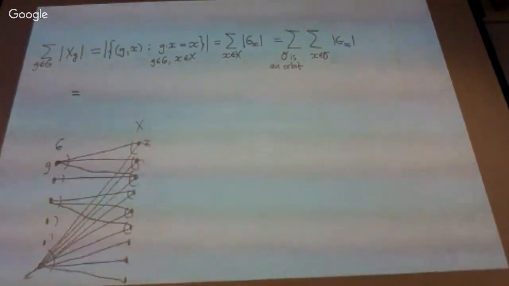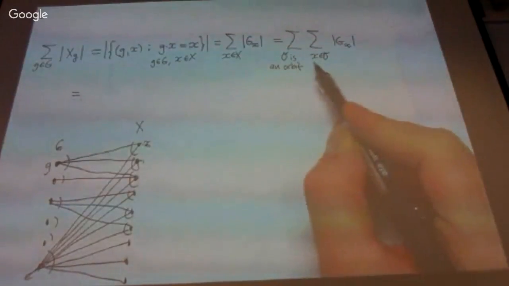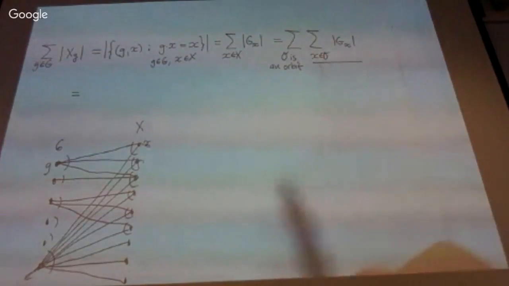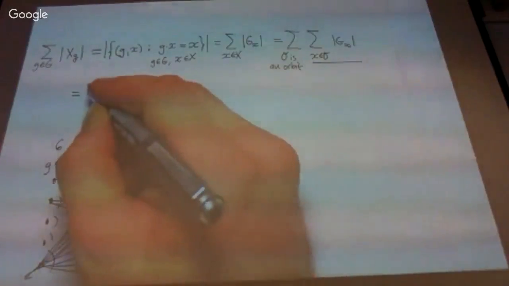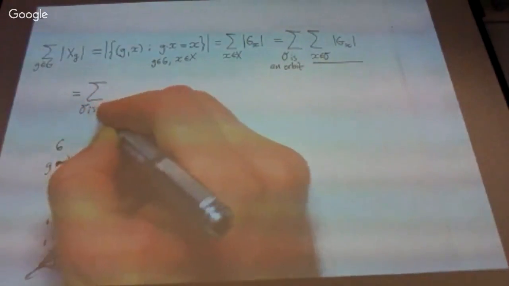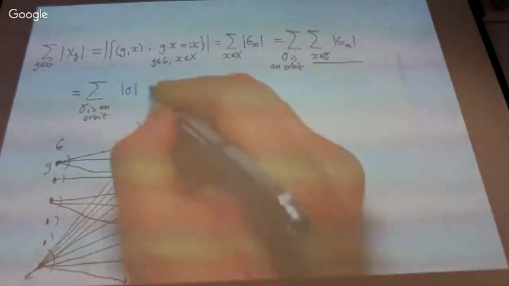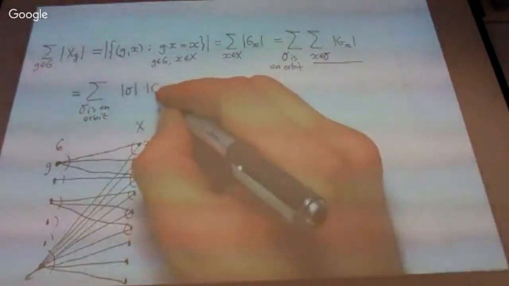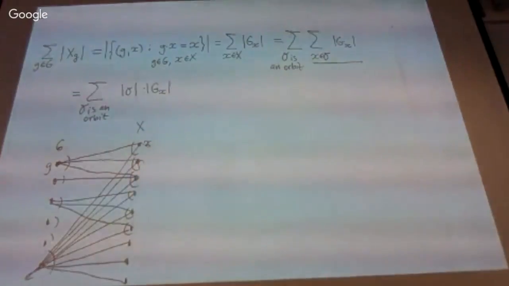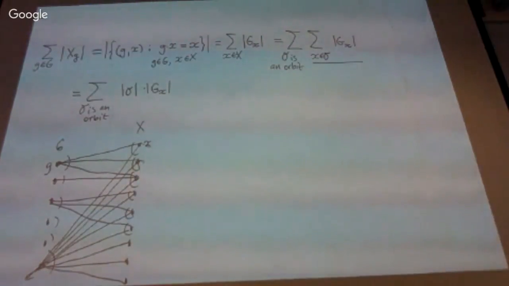So this is just taking the same number for every element of that orbit. So that's like saying the size of O times the order of G_x for some x in that orbit.